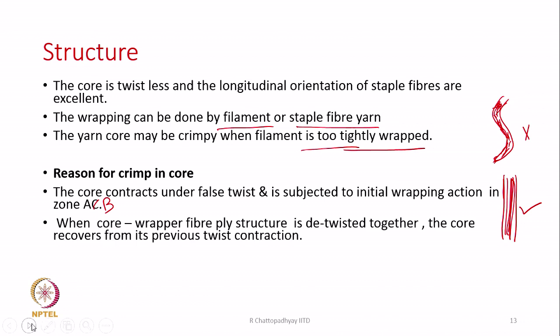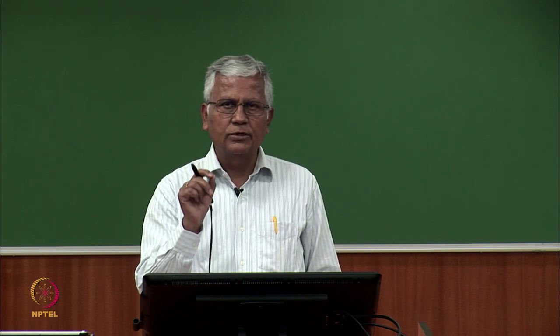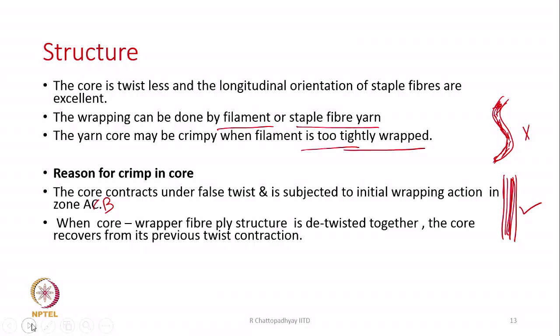And then when the core wrapper fiber ply structure, so it becomes kind of plying, there is one component which is staple fibers, there is another component which is filament. Now, when both of them are detwisted together, by the time they start crossing the false twisting zone, then the core tries to recover from its previous contraction.